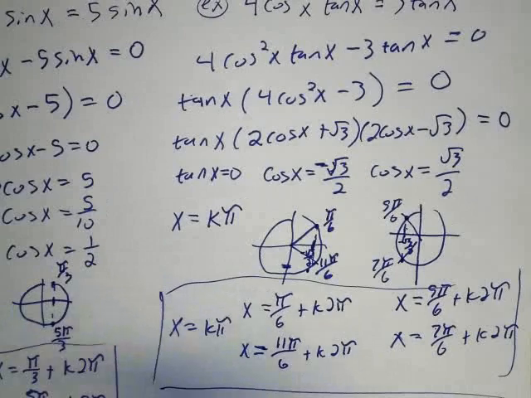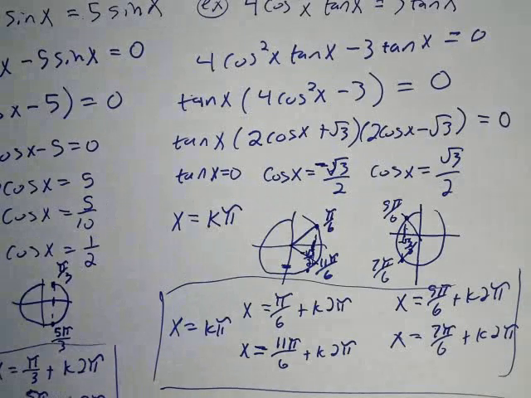Okay, so that's the idea behind factoring. You factor it apart, set each factor equal to 0. And then, in the end, ultimately you're solving the basic trig equation. As you're going to see, it'll always end up as a basic trig equation, or it could end up as a multiple angle. We'll see that, but it'll always end up as one of those two.